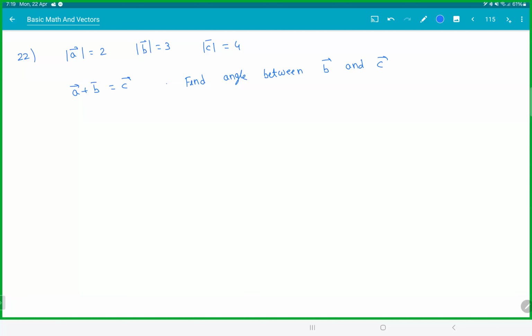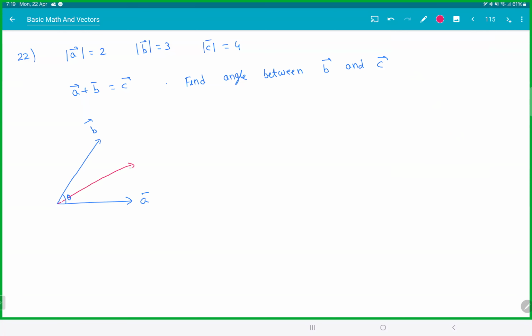How do we do this? What am I asking you exactly? If you draw the diagram, you'll notice this is A bar, this is B bar, this is angle theta. I'm not asking you that.